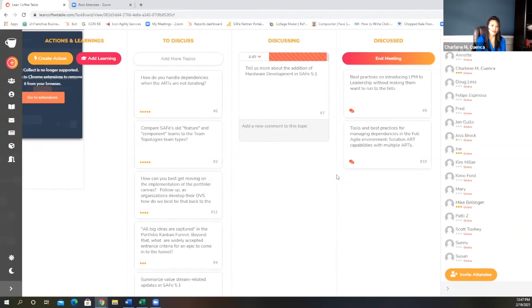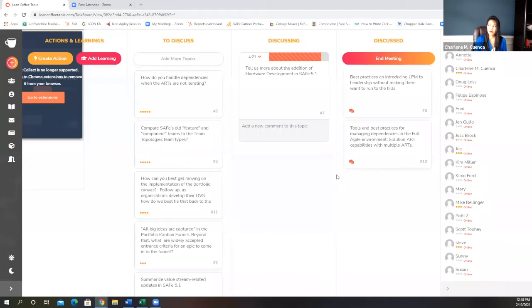When we look at the different pieces of Agile delivery and the different types of teams we could have, we talk about hardware teams, software teams, firmware teams. But with the advent of SAFe 5.1, there's been some additional guidance to formalize some of those concepts so that we have some concrete examples in how we can best leverage teams that are dedicated to hardware, and how we can best leverage the principles and practices that are in SAFe.